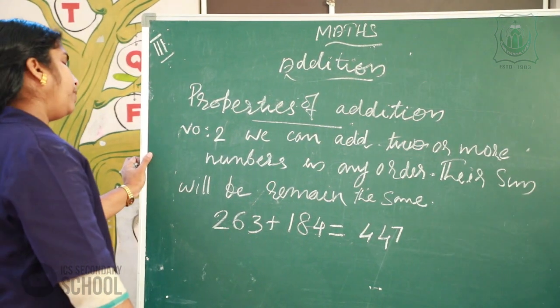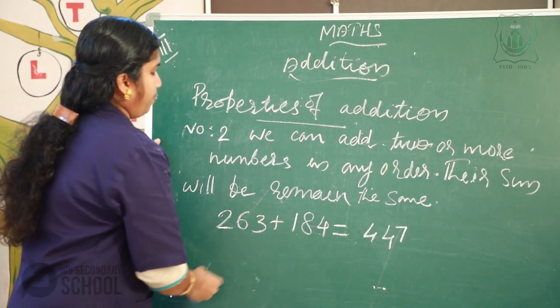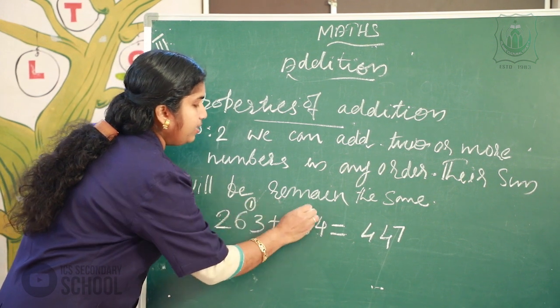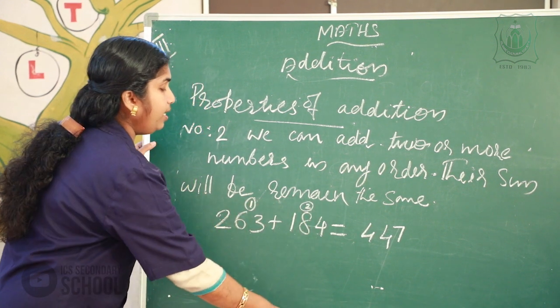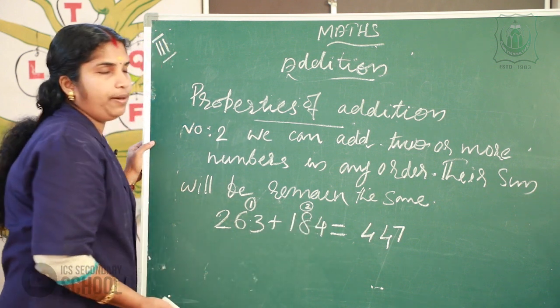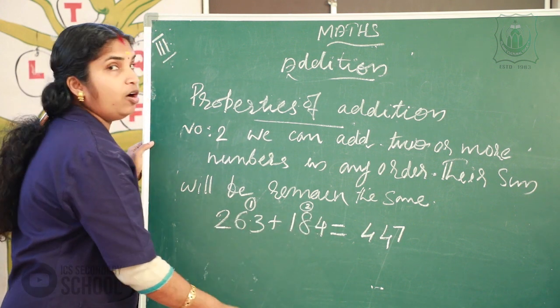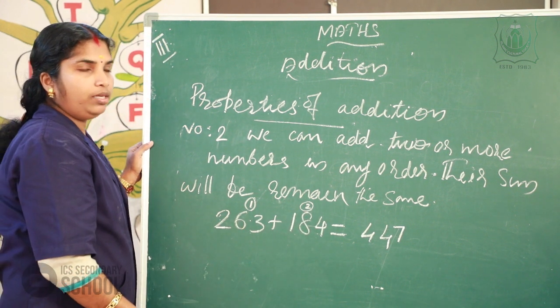Okay, 447. Now we change the order. This is the first number, this is the second number. We change the order of the numbers.